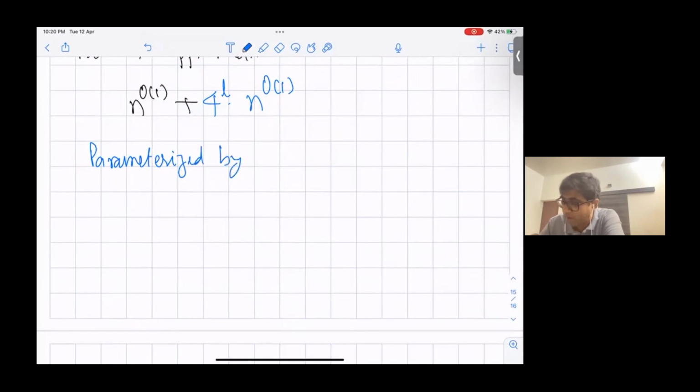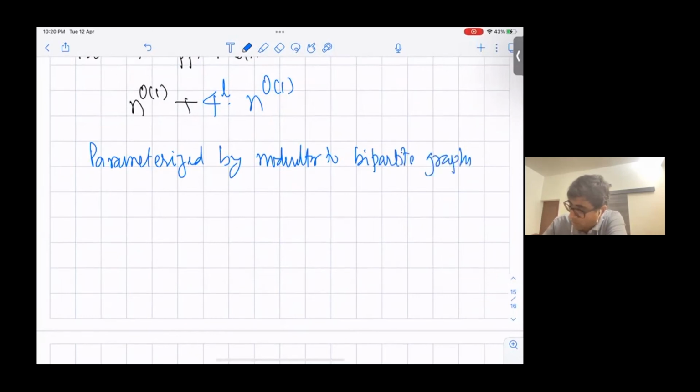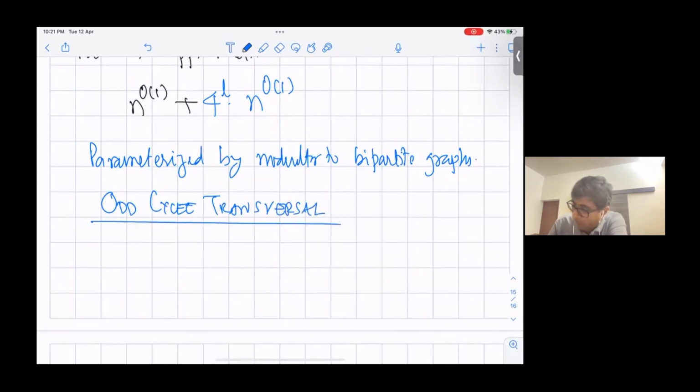When parameterized by, say, a modulator to a bipartite graph. Right? And this is a problem which is actually called odd cycle transversal. Okay.